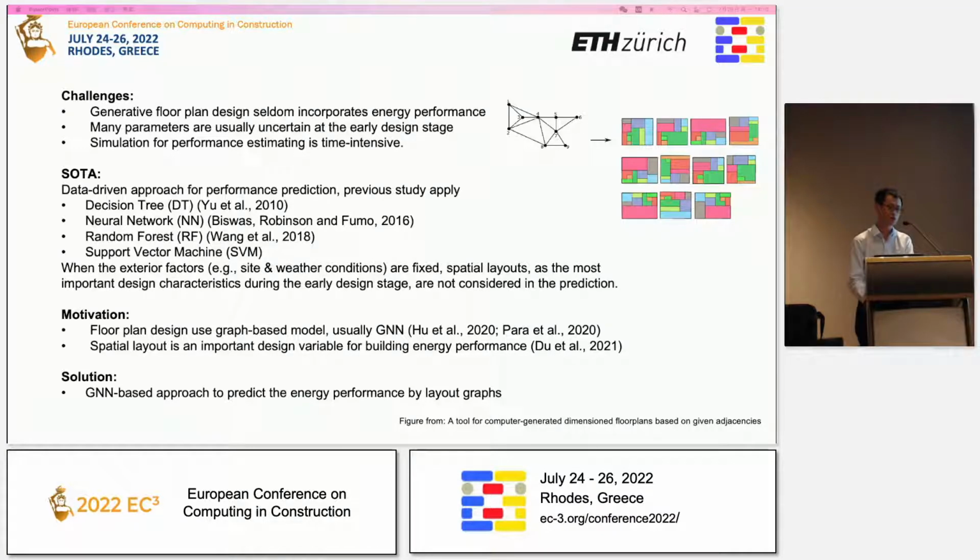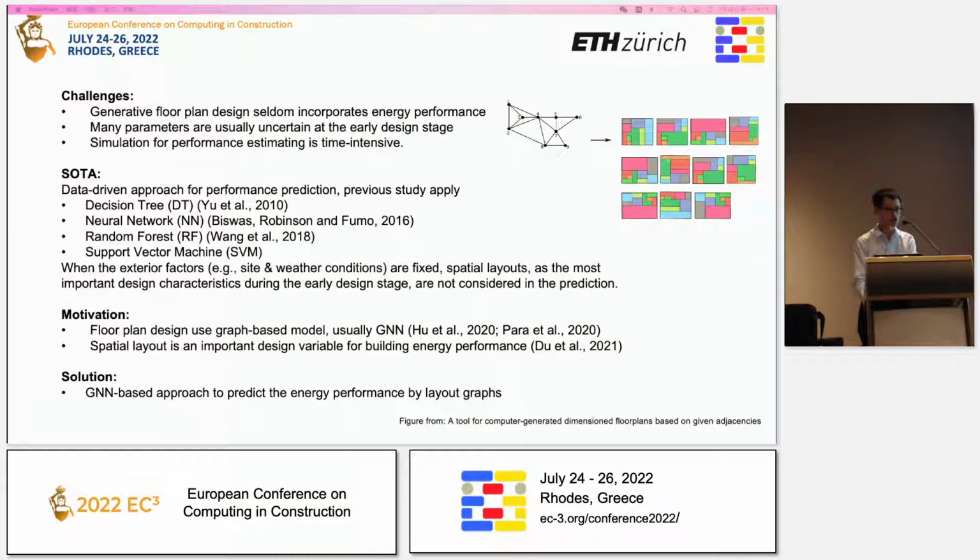Here, the spatial layout does not only refer to the room or space types, but you can also infer the expected temperature during the operational stage, given a specific room or space type. The spatial layout also includes room-to-room connections. For example, you can have door connections between rooms, you can have partition wall connections, and for open space, you might need open connections.